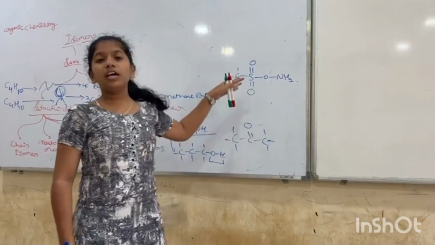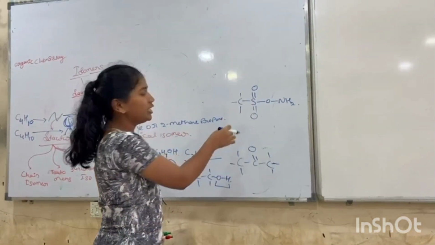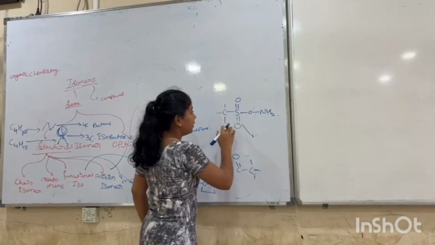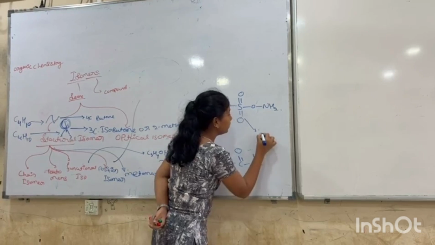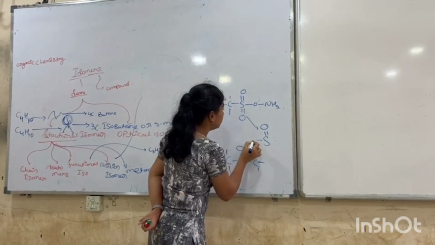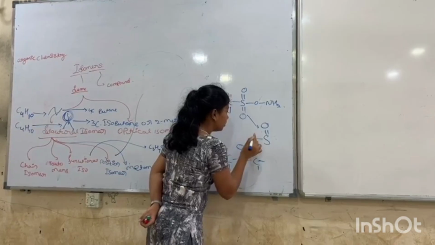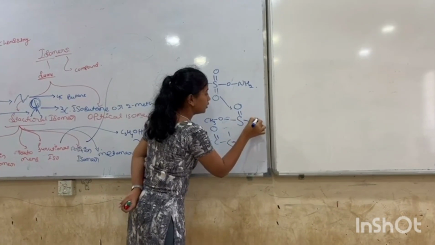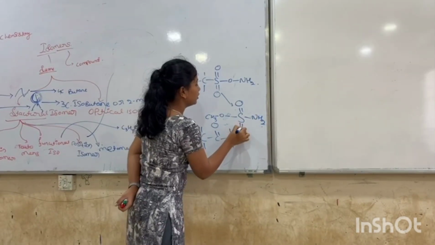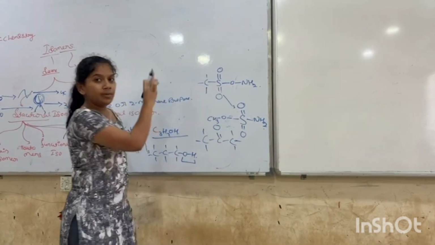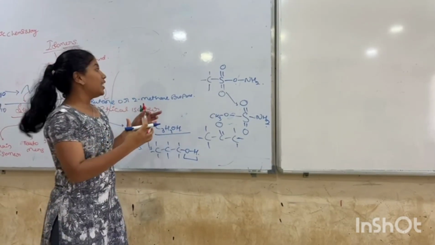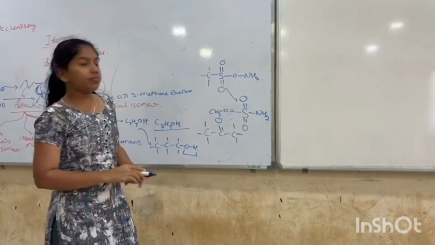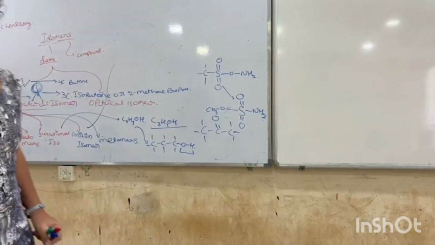In case of this compound, the functional group is sulfonic acid. But in case of metamer, this compound changes its form. This oxygen is shifted to this side. So this type of isomer is called metamers. So structural isomers are completed.